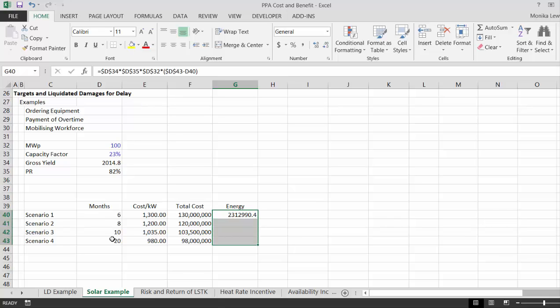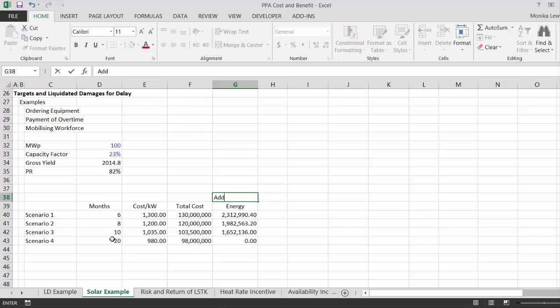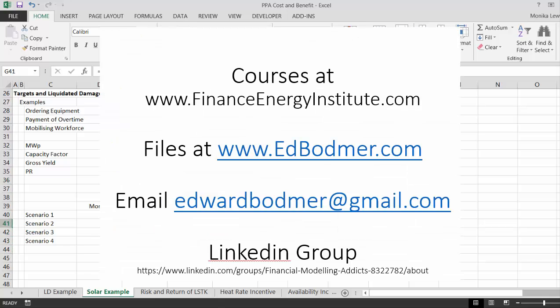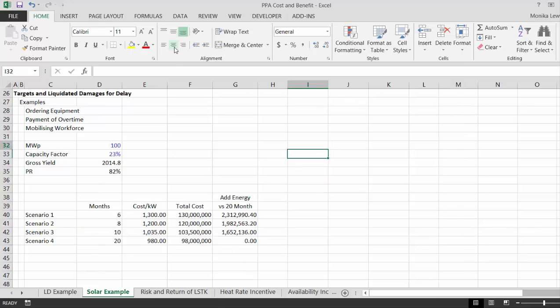So this is how much extra energy we get added versus 20 months. So if we build it faster, we get more energy. And then we get more energy here, a little more energy, and now we need to look at the trade-off and see how valuable that energy is.